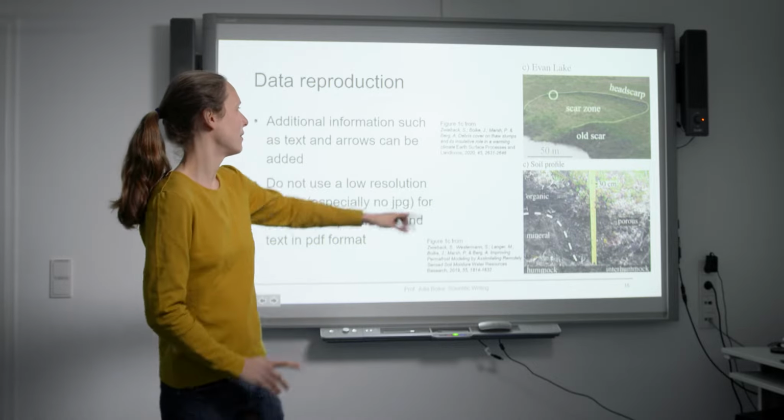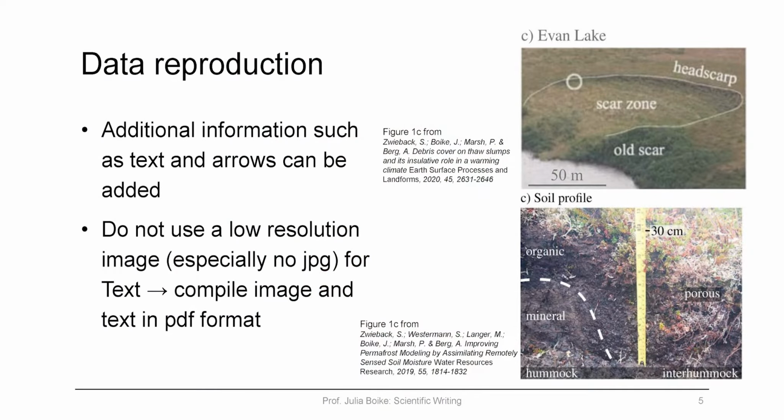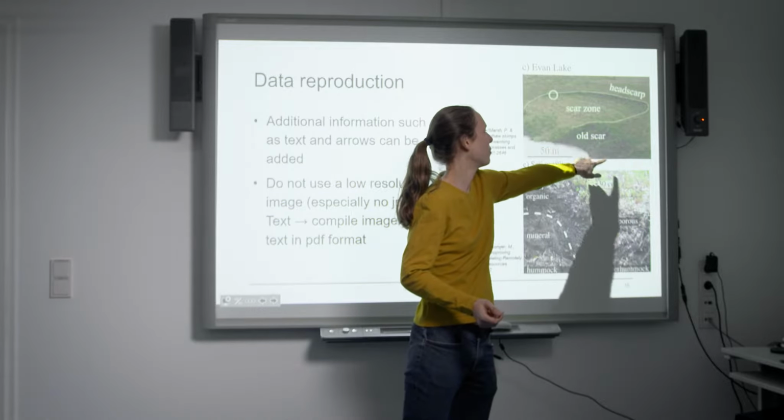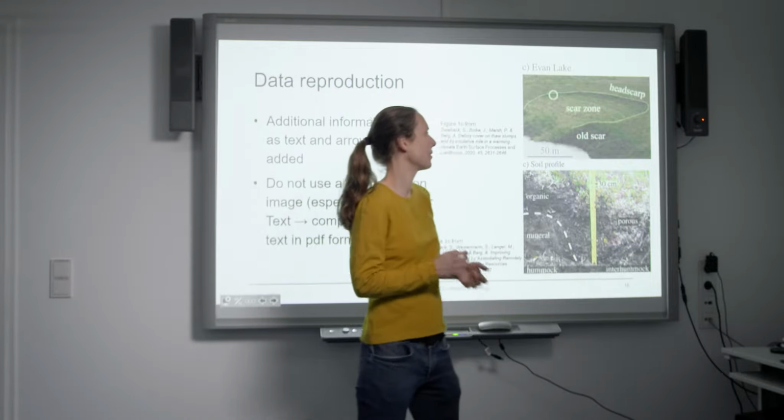For example, this is from a study of a colleague of mine who is working on soil slumps. So this is in a permafrost landscape where the landscape gets disturbed and there's like a massive landslide, very slow, but it's losing material to this lake, for example. And he doesn't only have a picture of this landscape, but also shows like there's this scar zone here, and we have a former older soil slump here.